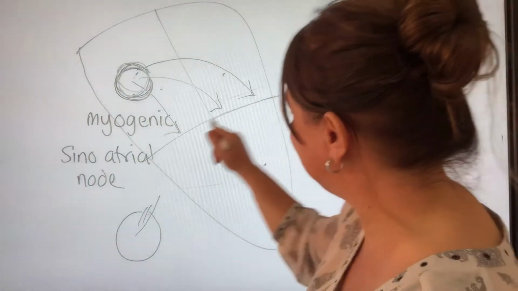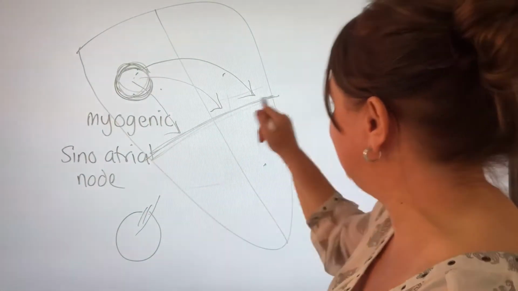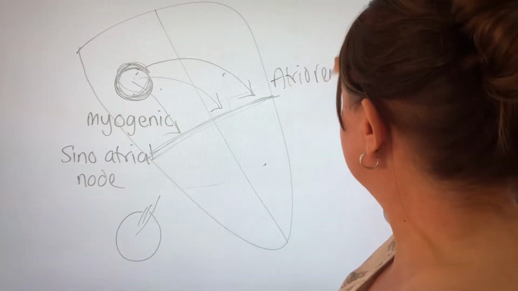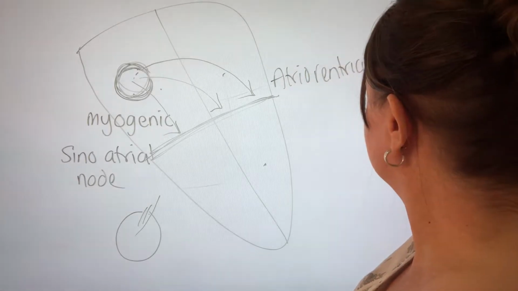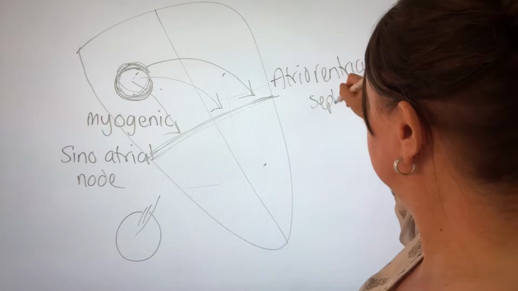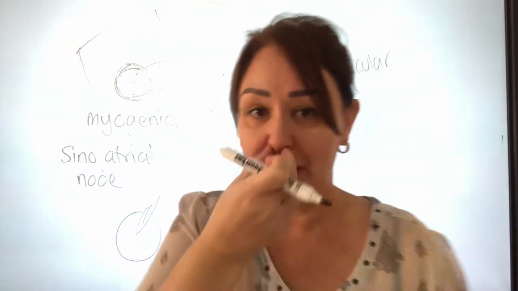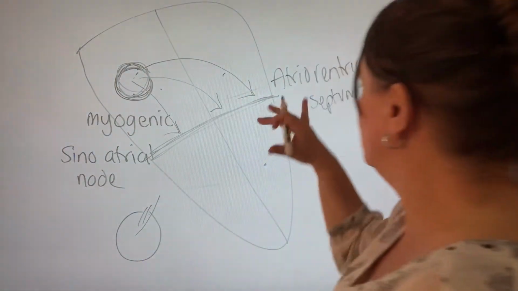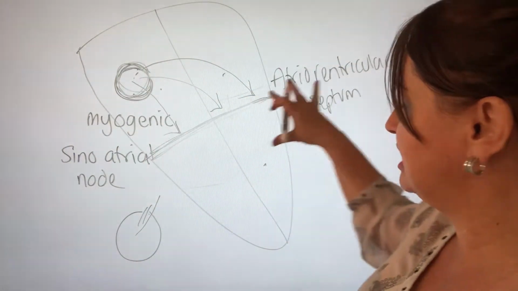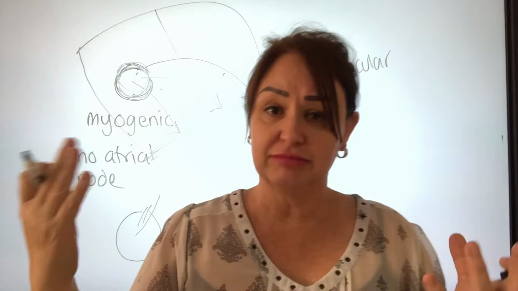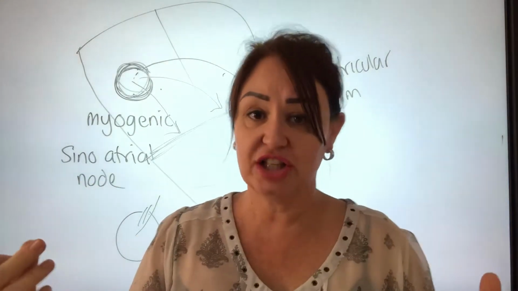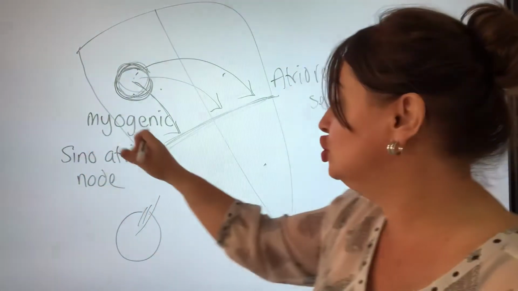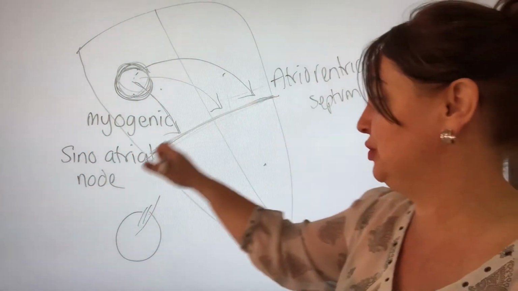When it gets to here, there's a thick band called the atrioventricular septum. A septum is a flap of skin, almost like the one that separates your nostrils. So the atrioventricular septum is a thick band of tissue, almost like scar tissue, and this wave of electrical excitation is unable to pass through here.